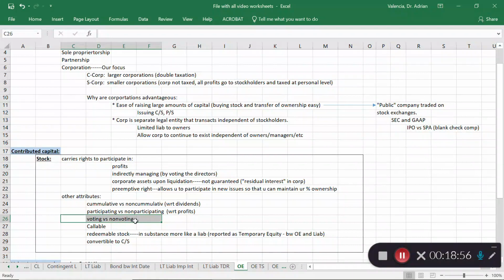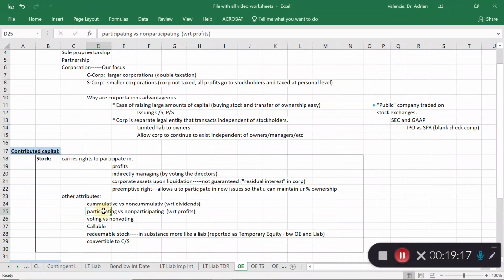Sometimes corporations have a group of owners, managers that they like, that they want to keep control over, so they issue non-voting stock to raise capital, but with the intention that any future owners are not going to have a say in terms of how it's managed. And this all depends on where you're at in your corporation.